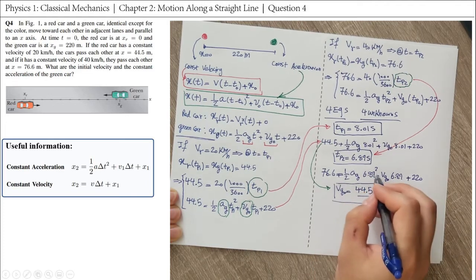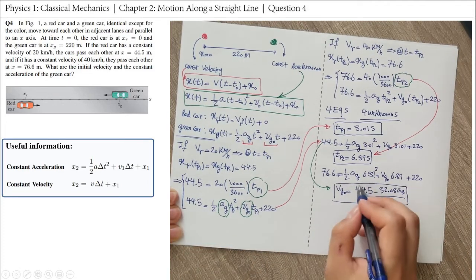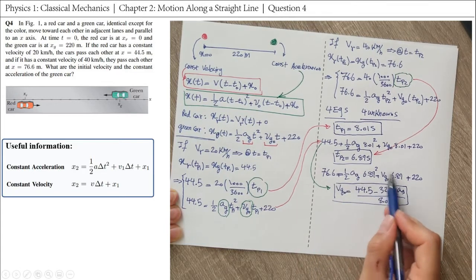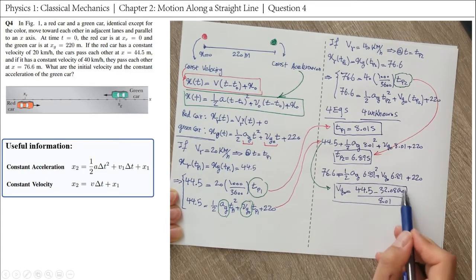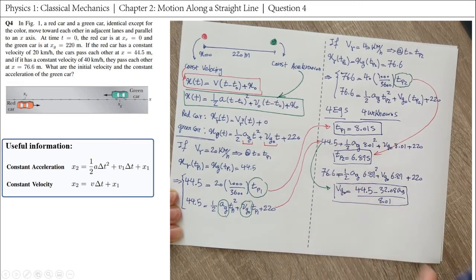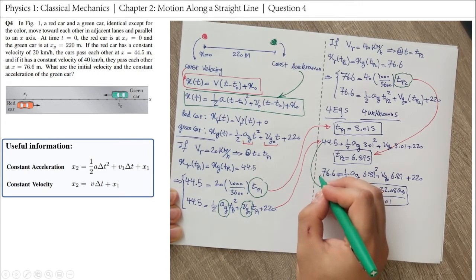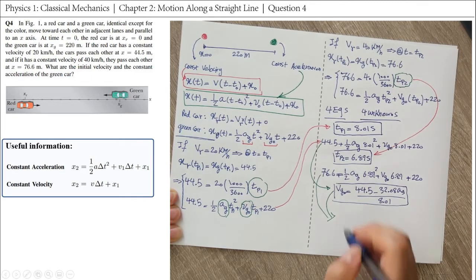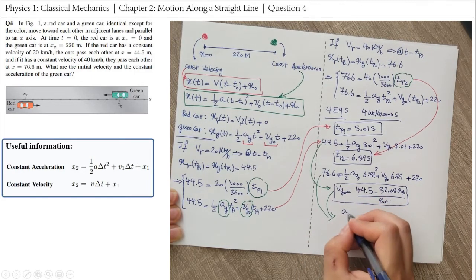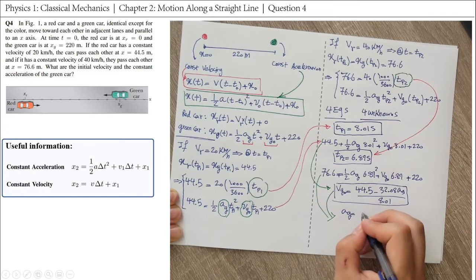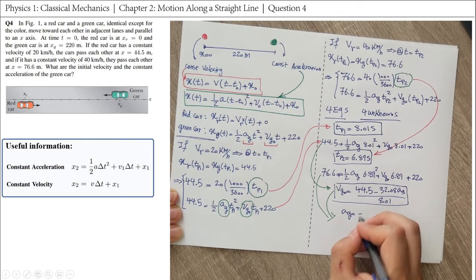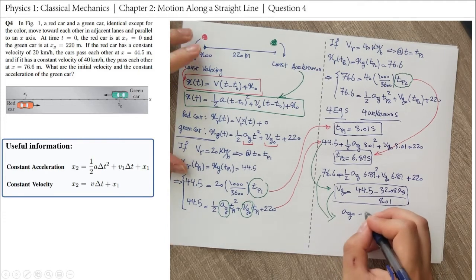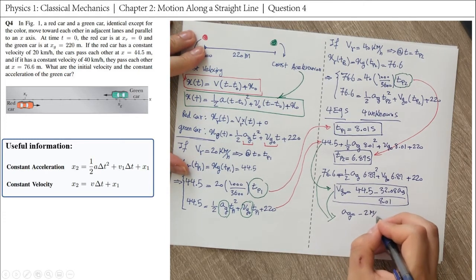Okay, now if I plug it into this equation, I will just have an equation in terms of AG, because VG naught will disappear and be replaced by AG. And if I do the math here, using these two equations now, I can obtain AG is equal to minus, I think I obtain minus 2 meters per square second.